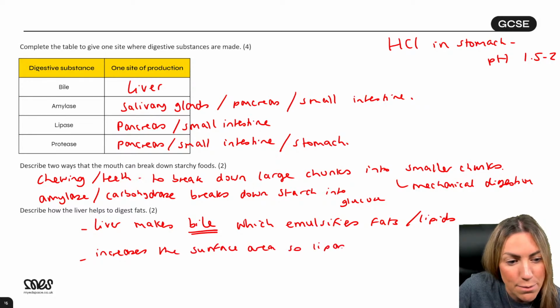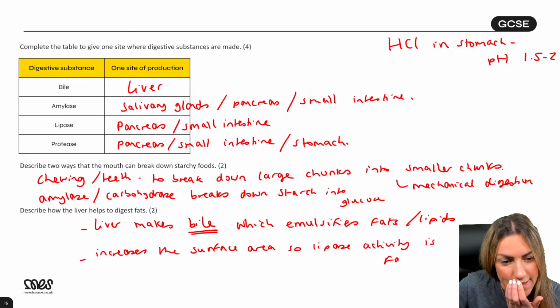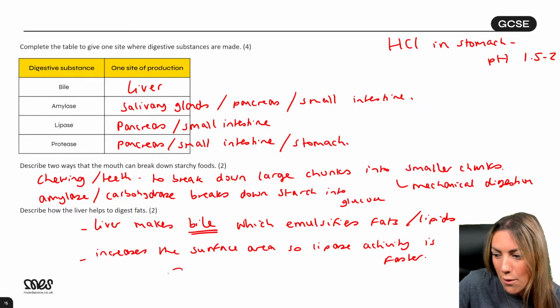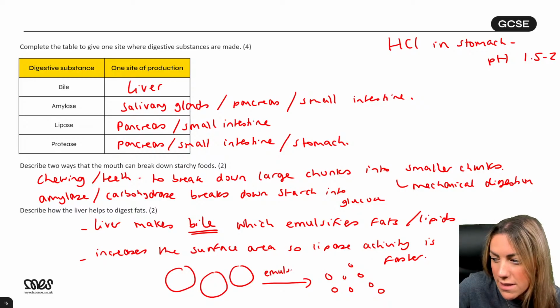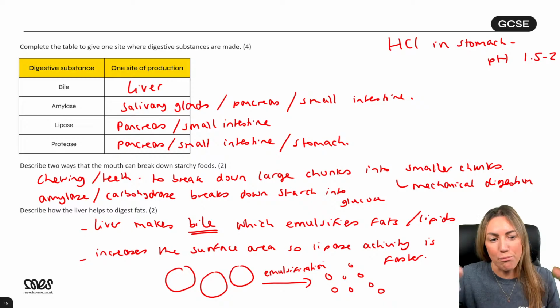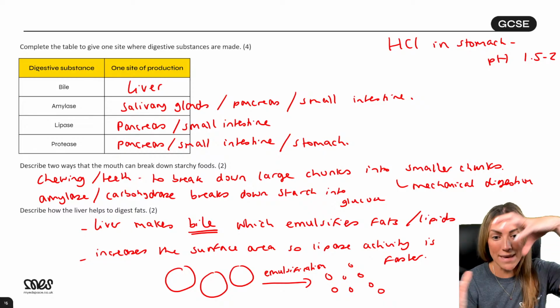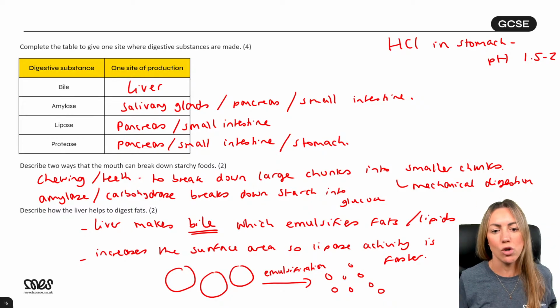So lipase activity is faster, because you're basically going from big globules of fat, you break them down into smaller globules. This is called emulsification. And that's what bile does. It breaks down the big globules into smaller globules.